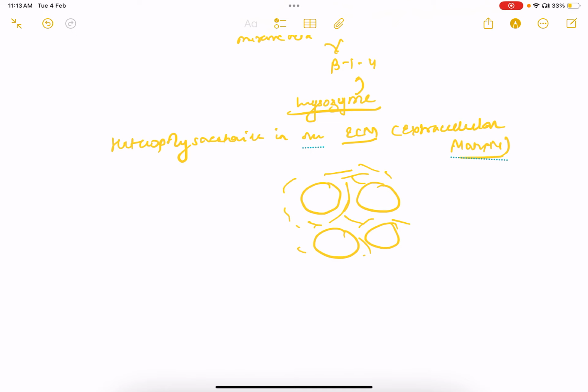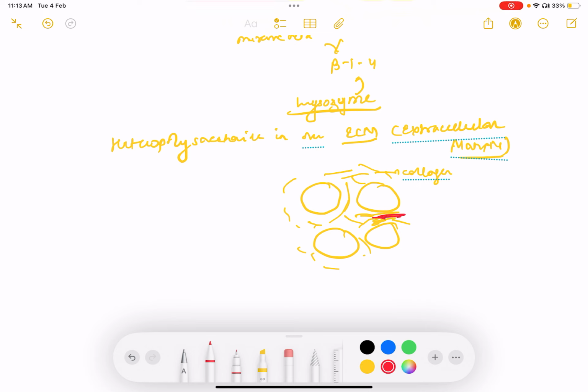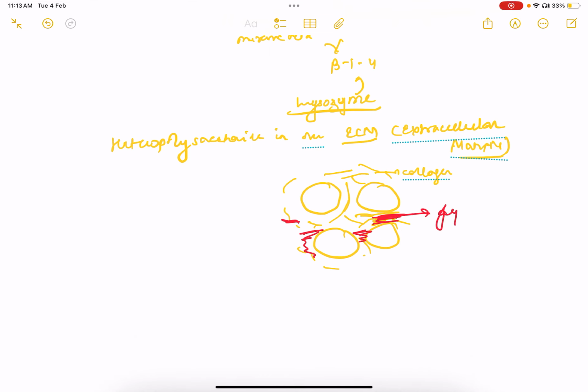Suppose this is the extracellular matrix. This substance is collagen, and this liquid material which fills the space has a component that is glycan, or most usually a heteropolysaccharide.